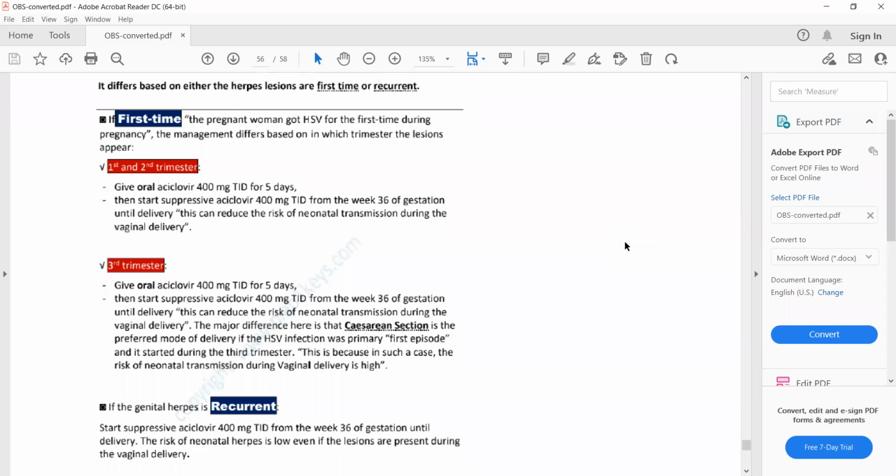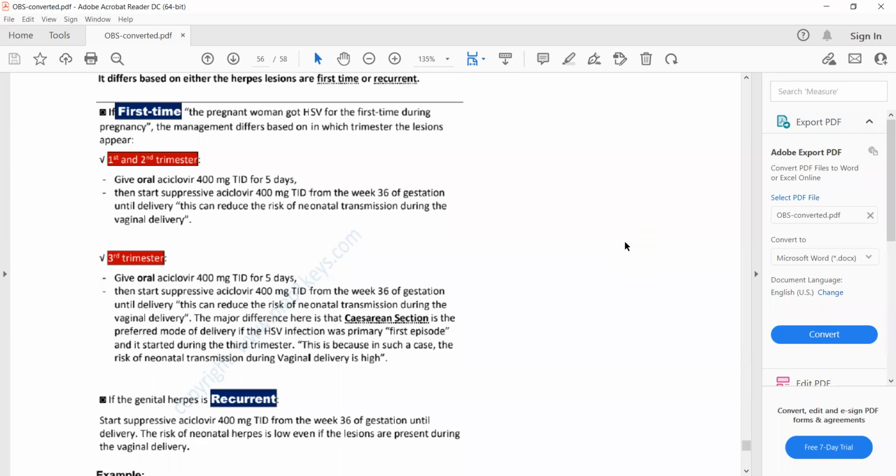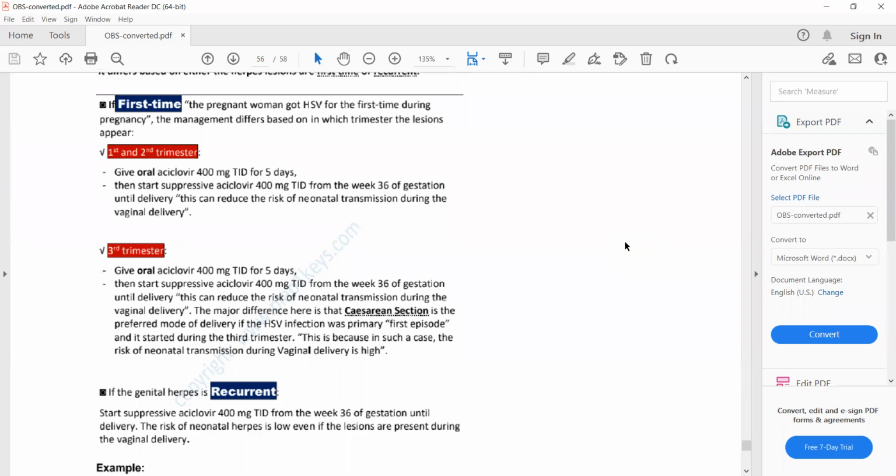If the female has got the infection for the first time and she is in the first or second trimester of pregnancy, then we will give oral acyclovir. Remember, oral acyclovir and not IV. Oral acyclovir 400 milligram TID for 5 days, and then suppressive acyclovir 400 milligram TID from week 36 of gestation until delivery.